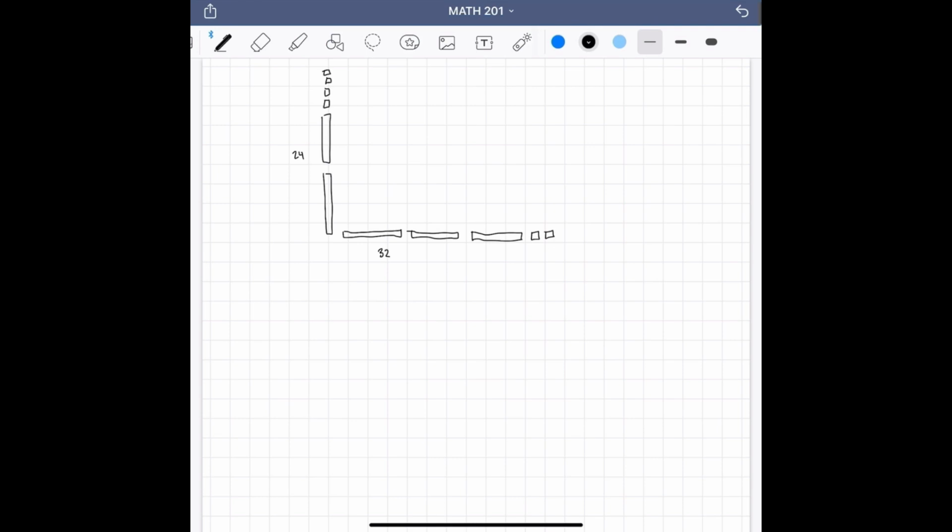Now that we have each side representing the amount it has in units, we are going to do our multiplying of the sides and figuring out our partial products.